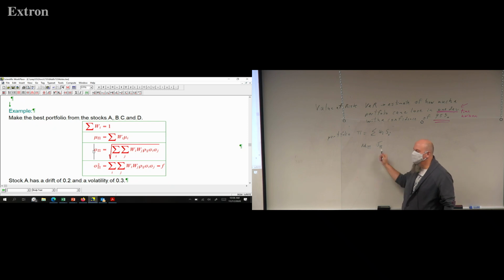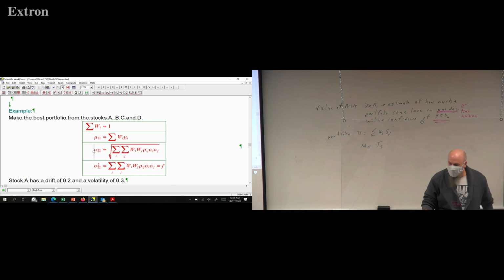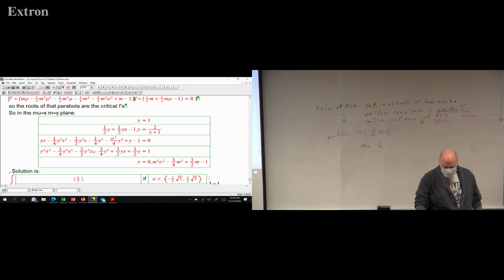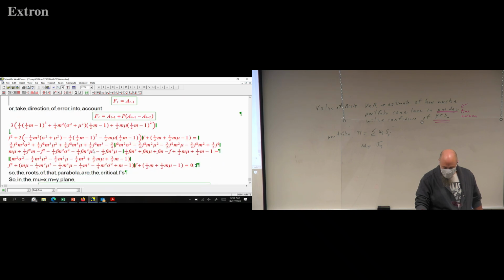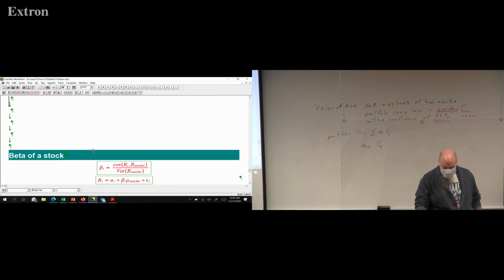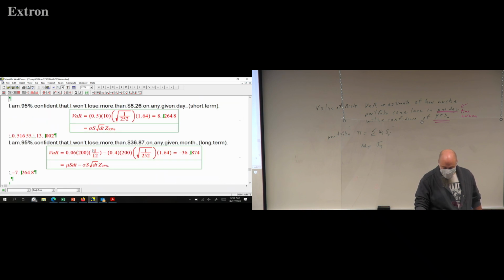So after I calculate these values, I could just treat it like a single stock and use the regular value at risk stuff that I had before. So instead of this 0.5 being a stock, it would be the portfolio standard deviation.